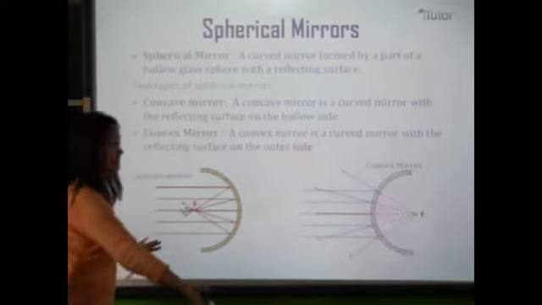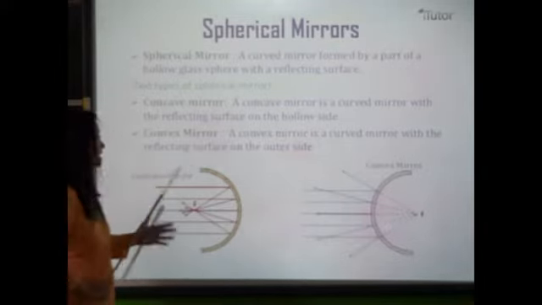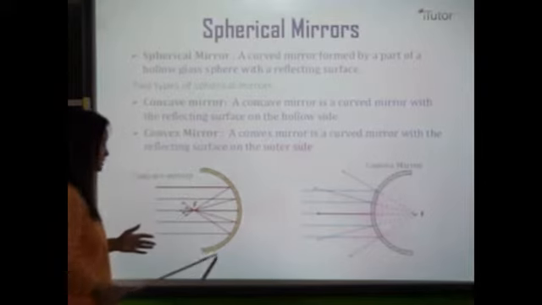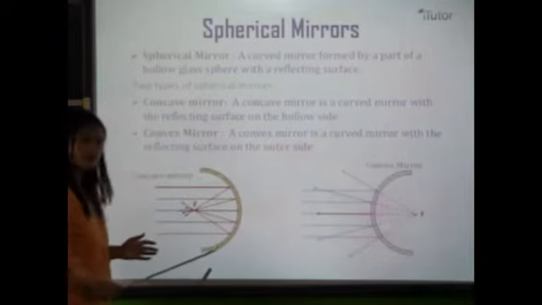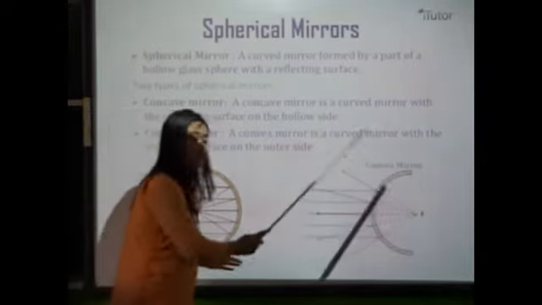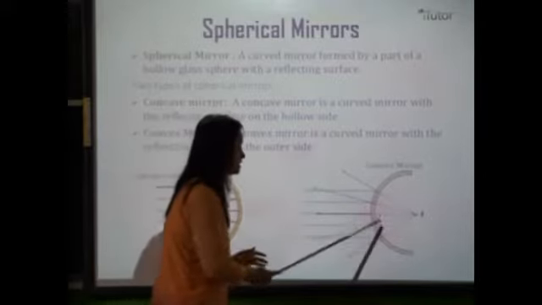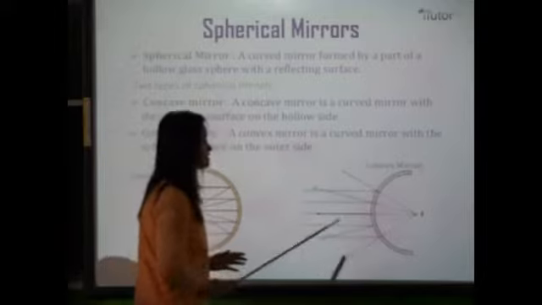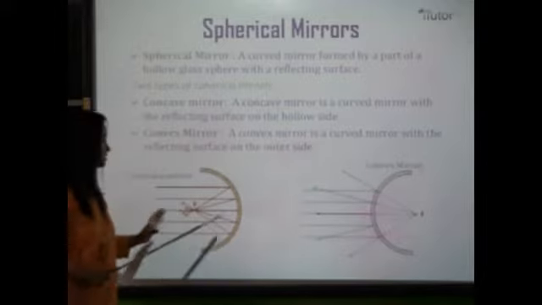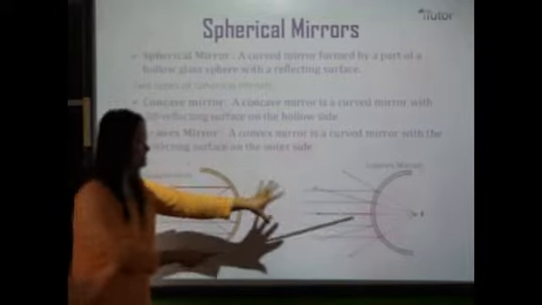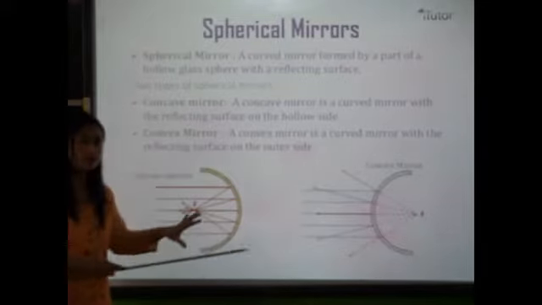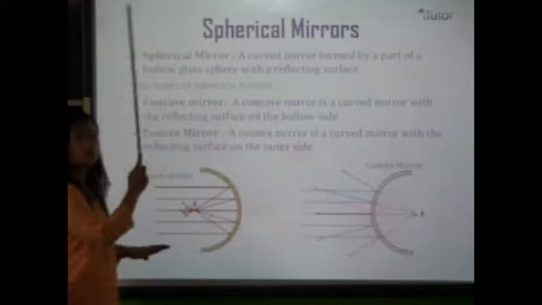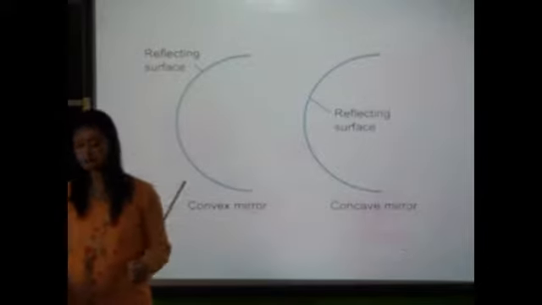So the difference between concave and convex is: concave has a silvered surface outside and reflecting surface inside. Convex has a silvered surface inside and reflecting surface outside. So this is the concave mirror and this is the convex mirror, and together they are called spherical mirrors.